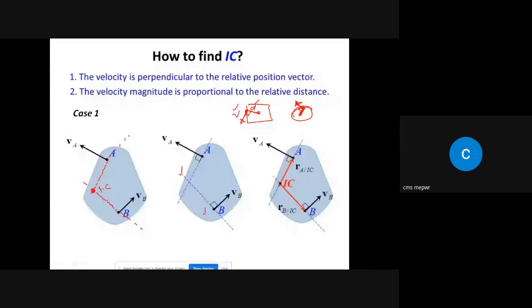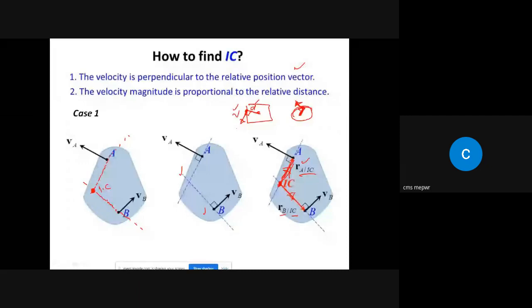From the instantaneous center, you can find the position of A and the position of B, right? This is the position of A with respect to the instantaneous center, and this is the position of B. So just by using the first condition, we can find the instantaneous center in this case.